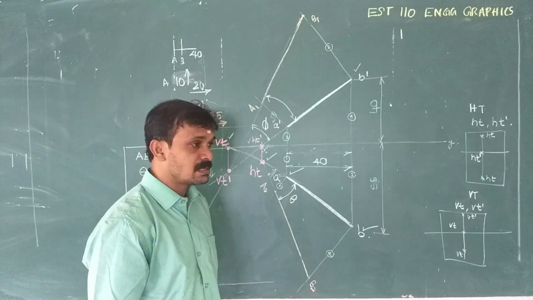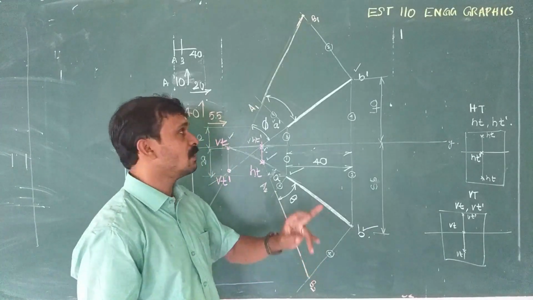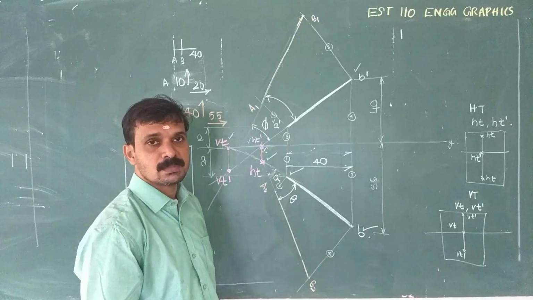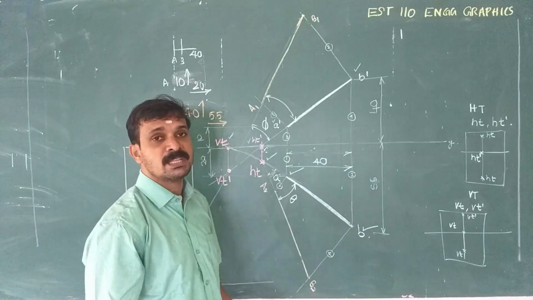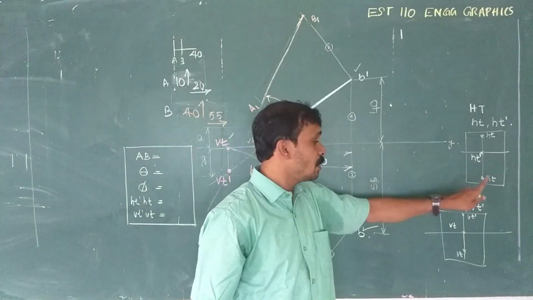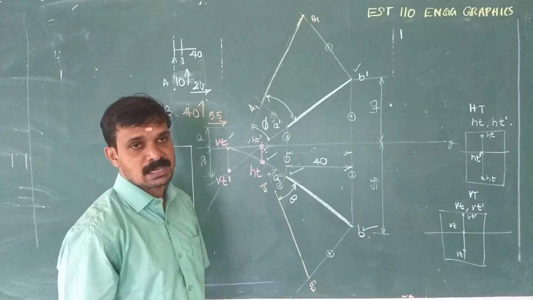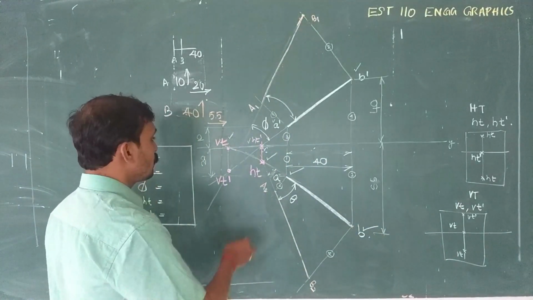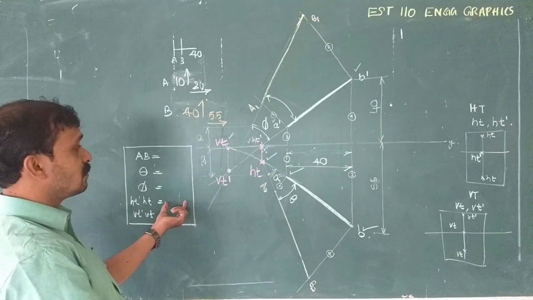Now, what is a trace? Horizontal trace will be associated with theta, vertical trace will be associated with phi. And we know that for the horizontal trace, two components will be there, HT and HT dash. HT dash will always lie on the xy line. In the vertical trace, VT will always lie on the xy line. Now, you can measure this HT and HT dash right here.